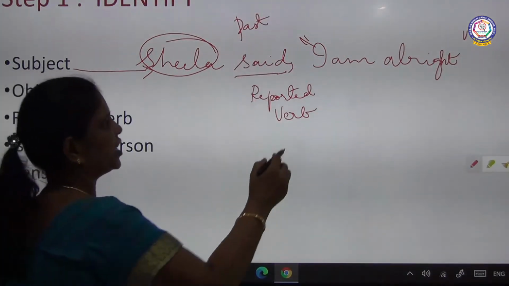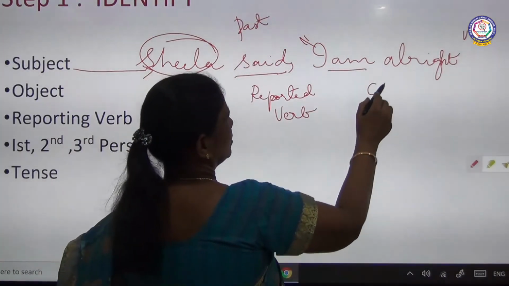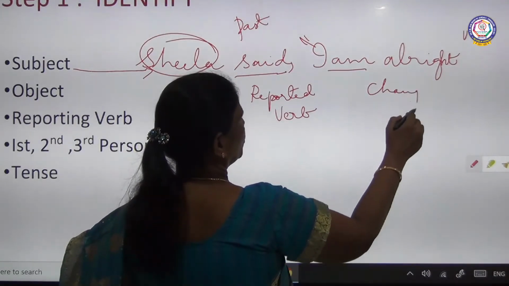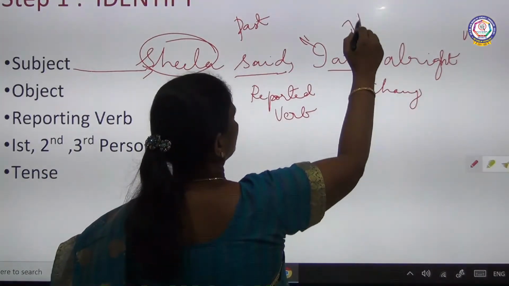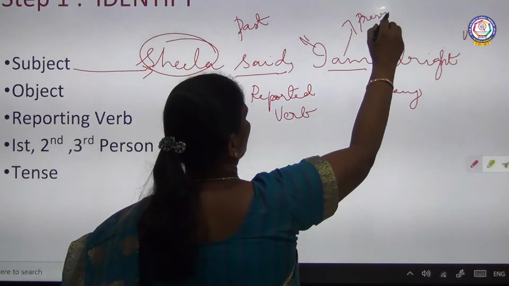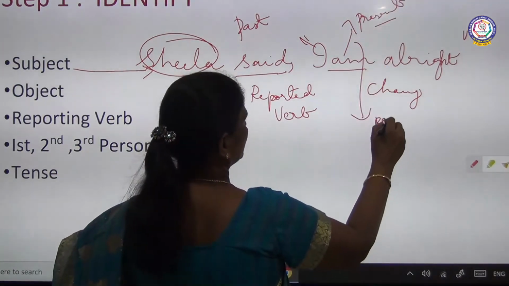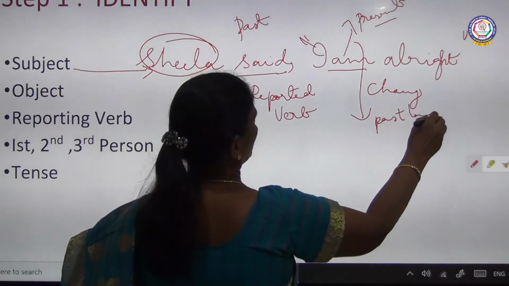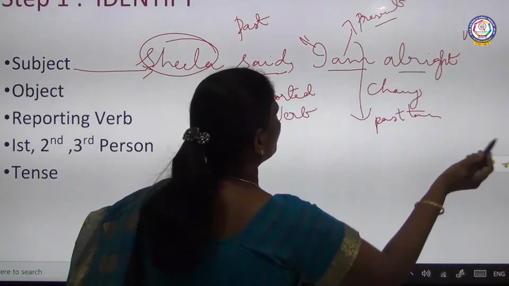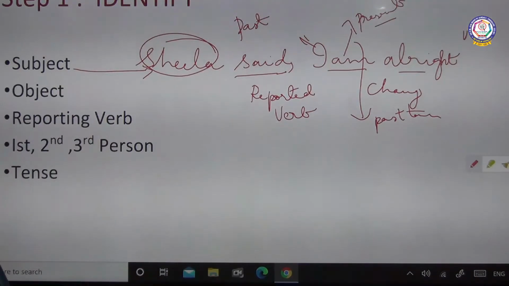So there will be a change here in the tense. The reported part is in present tense. You will be changing that into past tense. "Alright" is the word, so you will be having it like that. So how will you change?